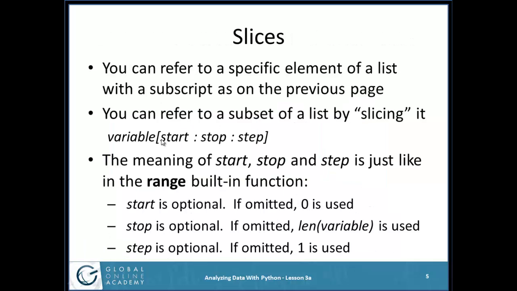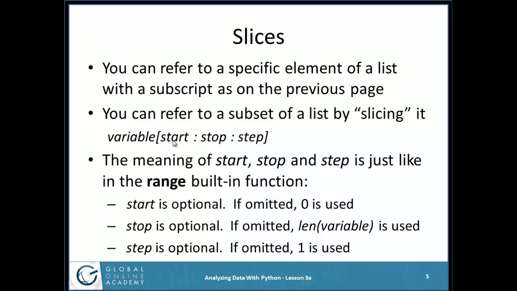When we do x square bracket and we have more than one value separated by colons, the meanings are: start is where you want to start, duh. Stop is where you want to finish, except it finishes one before. We'll do examples that help.